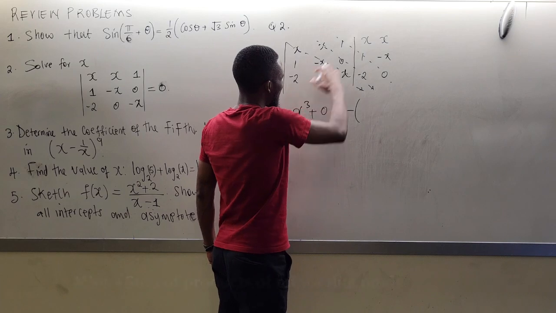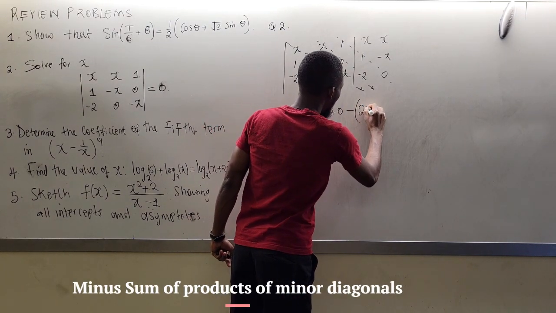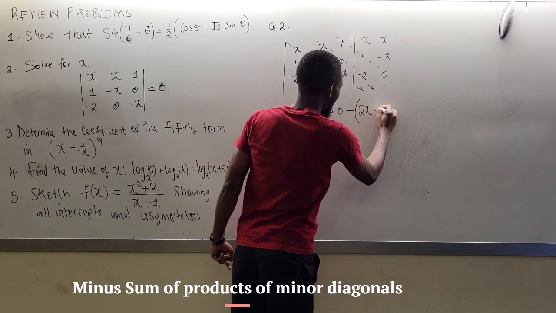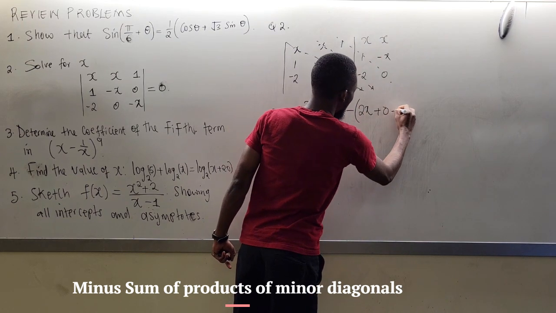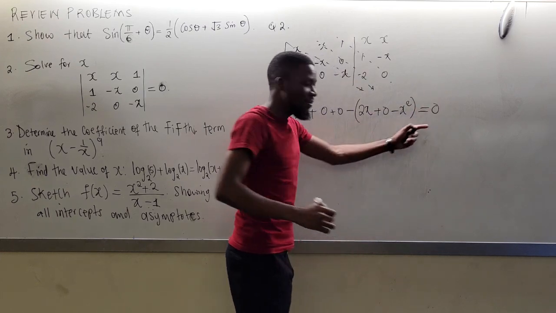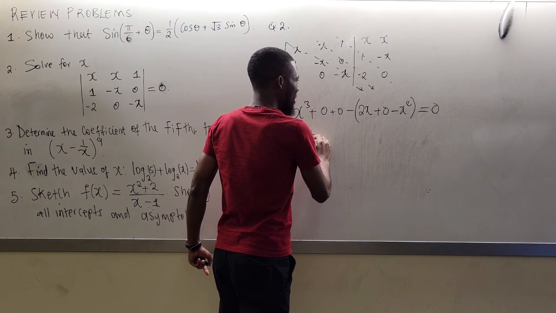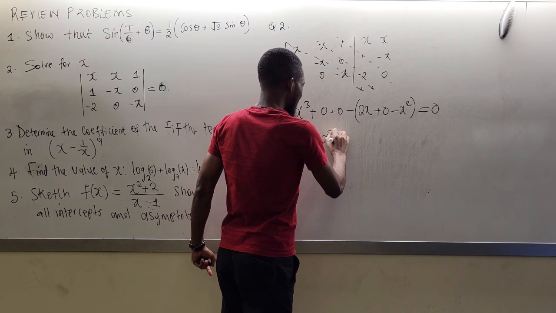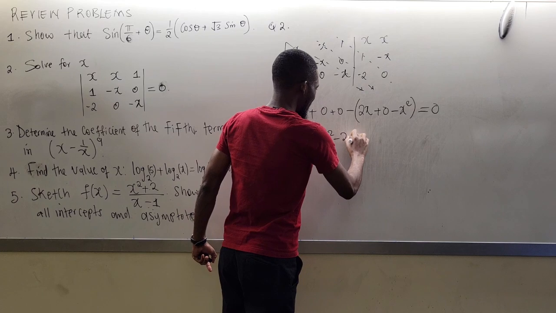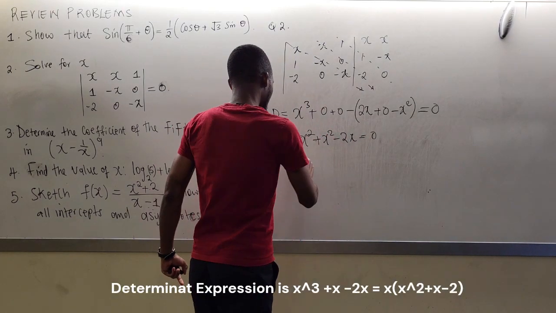Now I take the product in the minor diagonals. This is negative, negative, this is 2x, and this is plus 0, and this is negative x squared. And we know that this determinant is equal to 0. So this is x cubed plus x squared minus 2x is equal to 0.